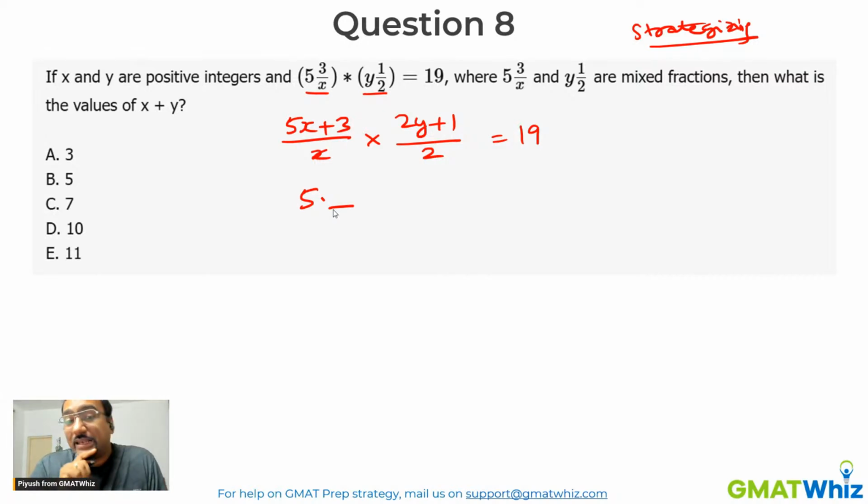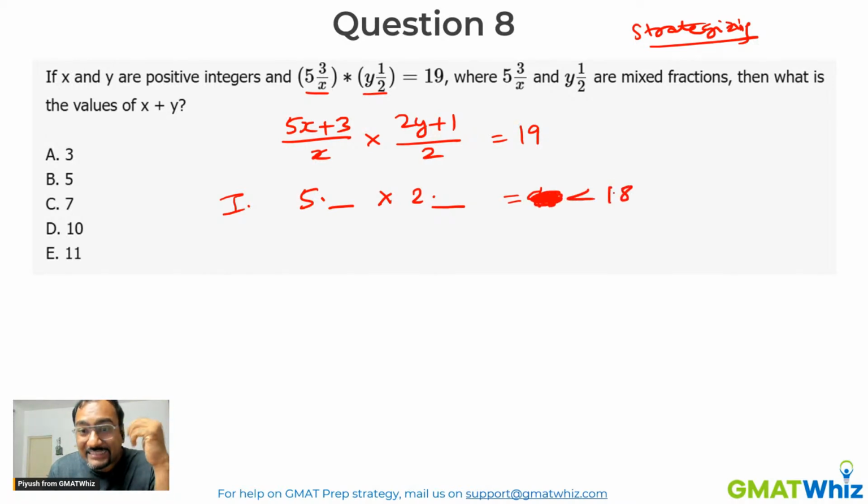Now, if it has to be less than 6, can I multiply it with 2 point something? Even if it is very close to 6, and I multiply it with 2 point something, I will not get 18.